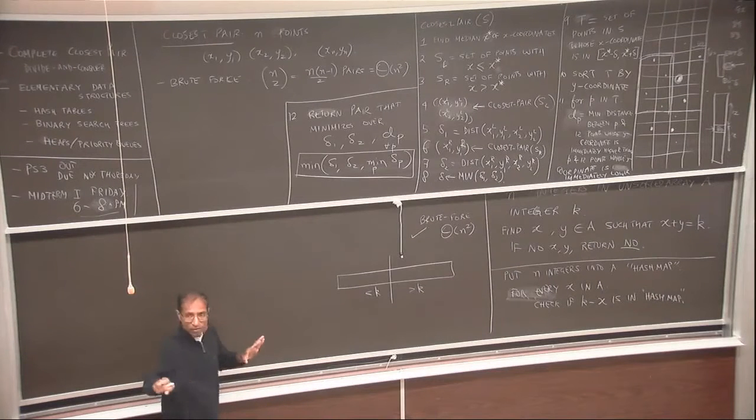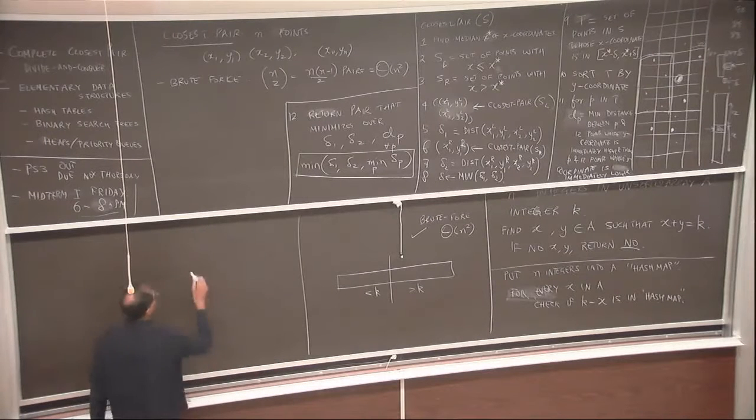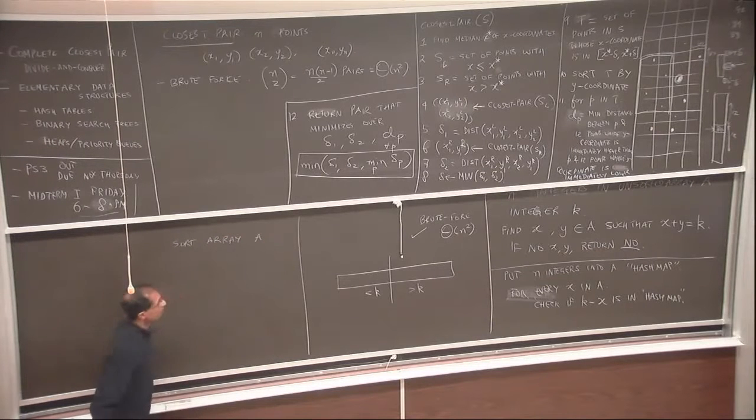So let me note down the sorting algorithm. The algorithm said sort the array A. So now it has all the elements in sorted order.